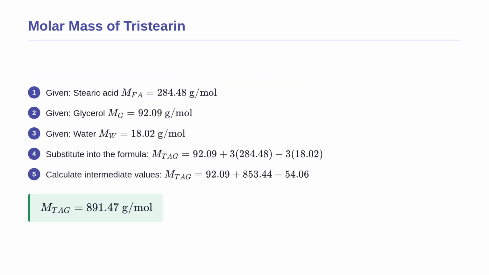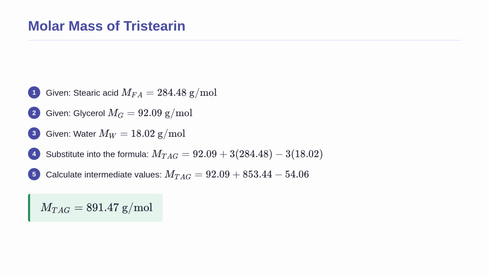Let us see this formula in action with a concrete example. We are asked to calculate the molar mass of the simple triacylglycerol, tristearin. We are given the molar mass of stearic acid, which is an 18-carbon saturated fatty acid, as 284.48 grams per mole. Glycerol is 92.09 grams per mole, and water is 18.02 grams per mole.